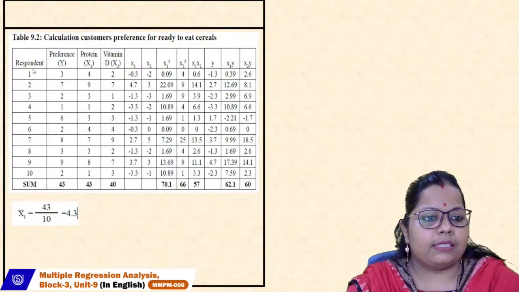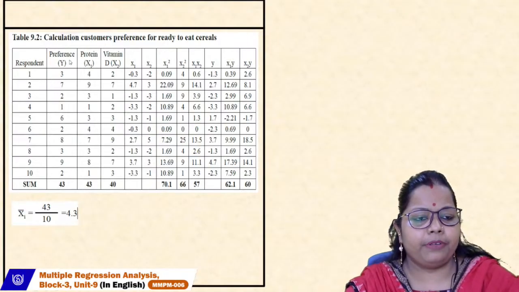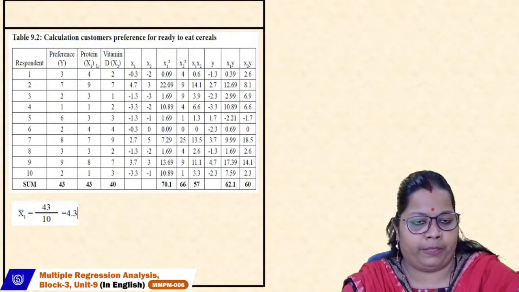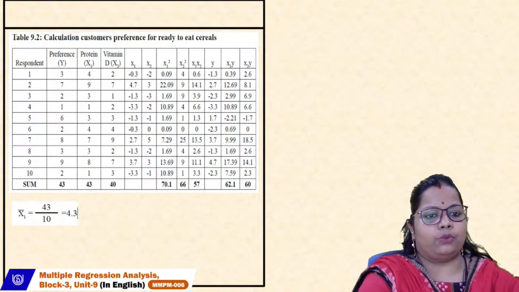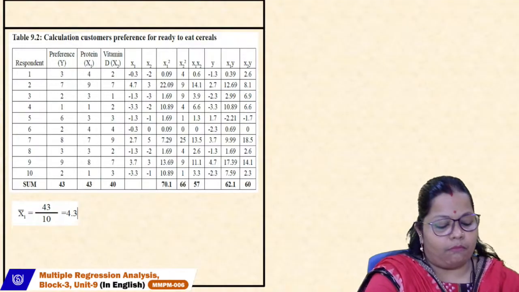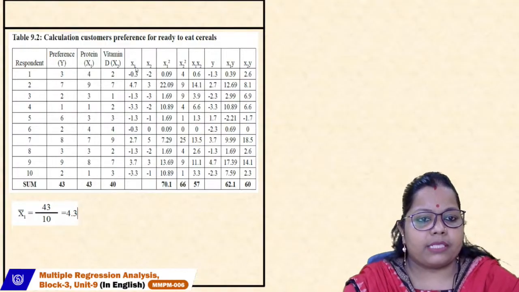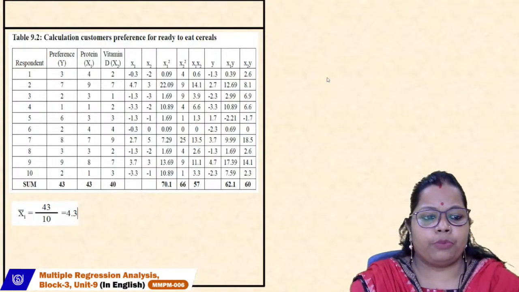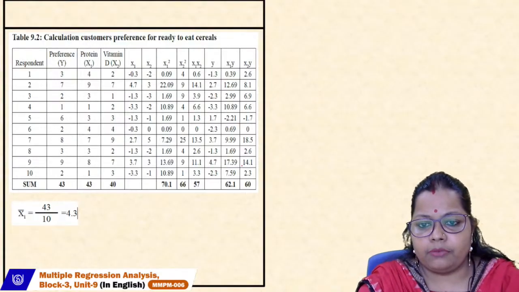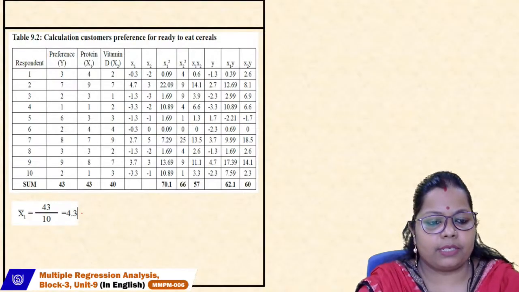Now see, this is the respondent number, that I have 10 respondents, and the preference is given as y, and the independent variables are protein x1 and x2. As per our formula, first we have to calculate x bar, which I have calculated here.